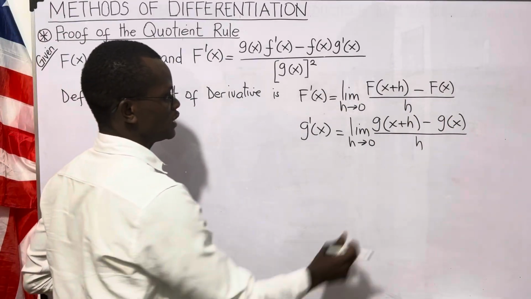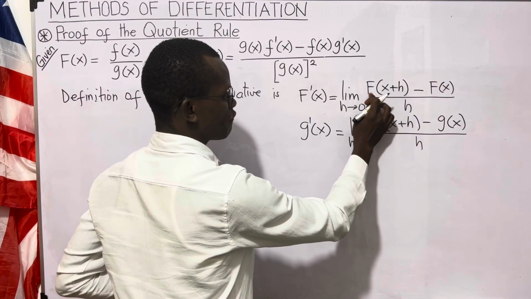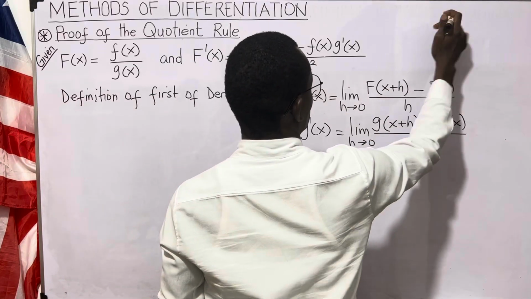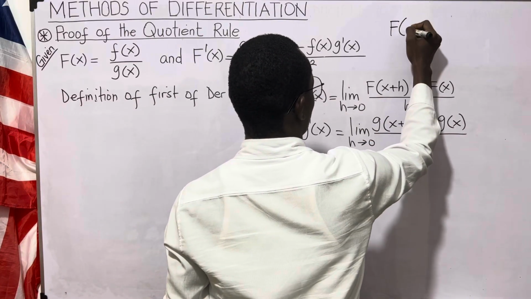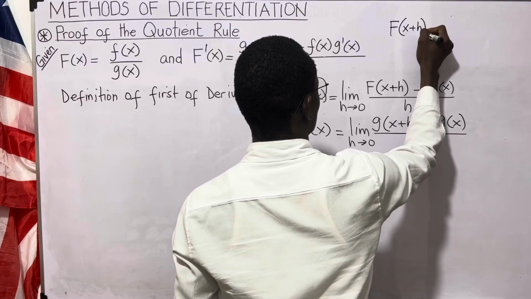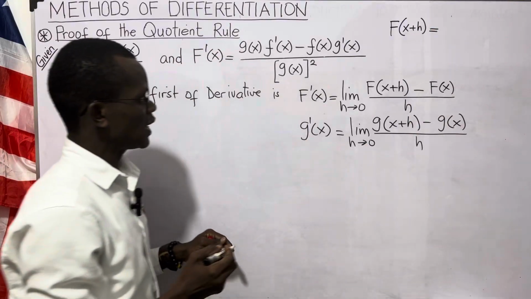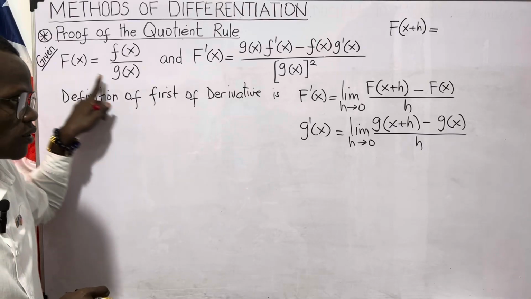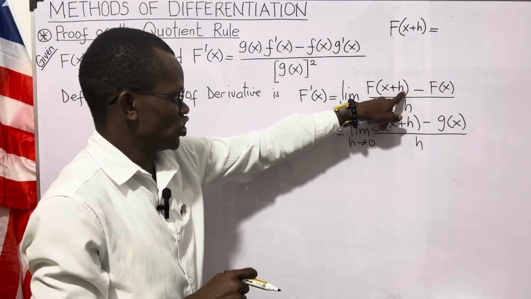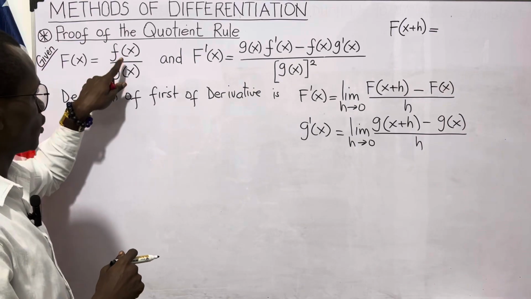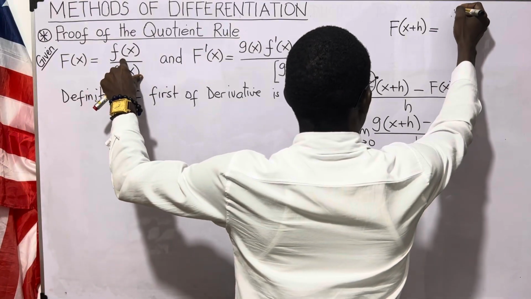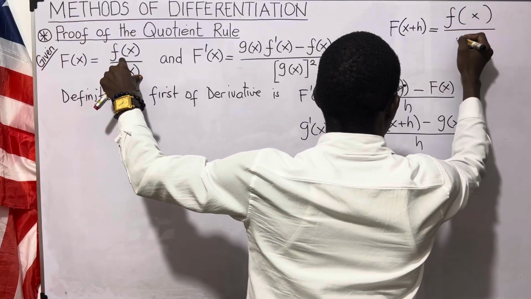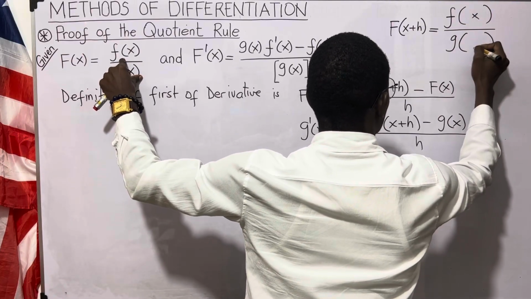The next thing we need to identify is what is our F of x plus h. So F of x plus h tells us that wheresoever we see this x, we must replace it with x plus h within this particular function. So we rewrite this function f of x divided by g of x.